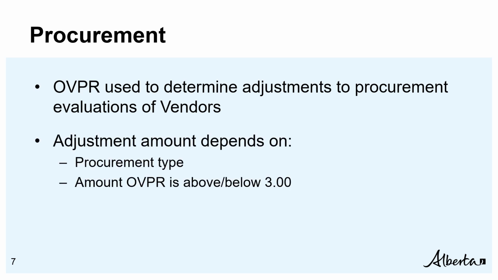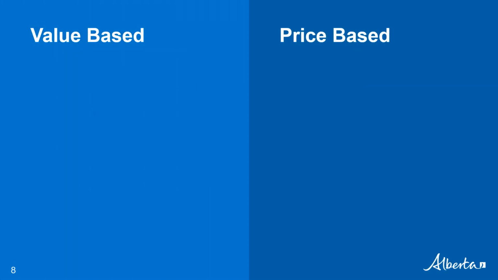The adjustment amount depends on 2 things: procurement methods, as there are different adjustments for price versus value-based procurements, and the amount that a vendor's OVPR is above or below a base 3 score. Let's explore the adjustment differences between value-based and price-based procurements.